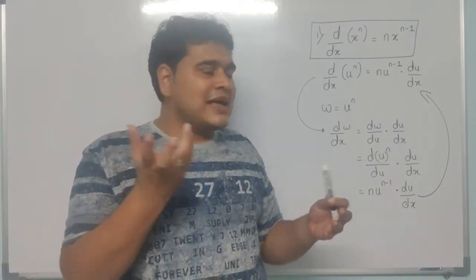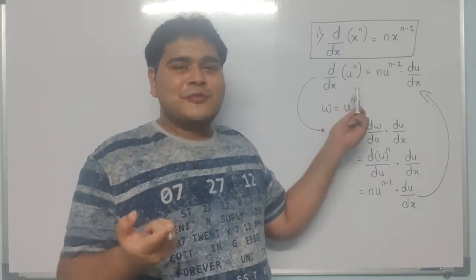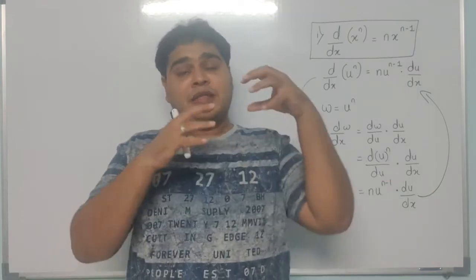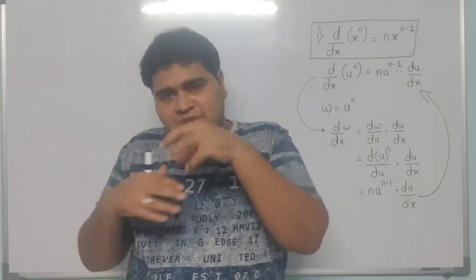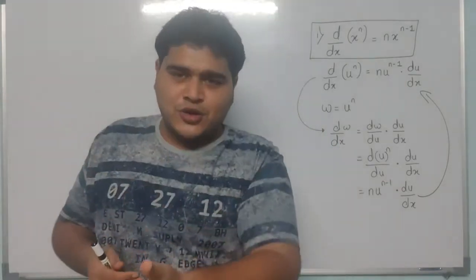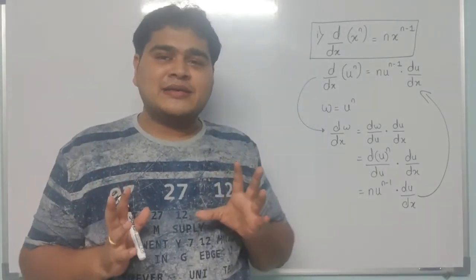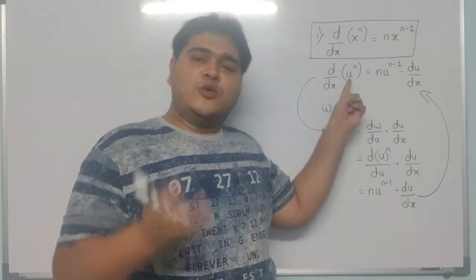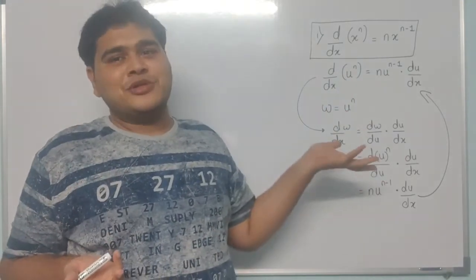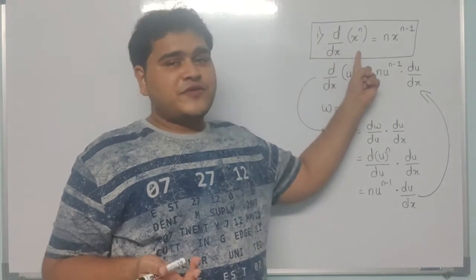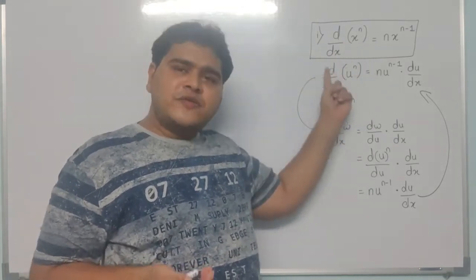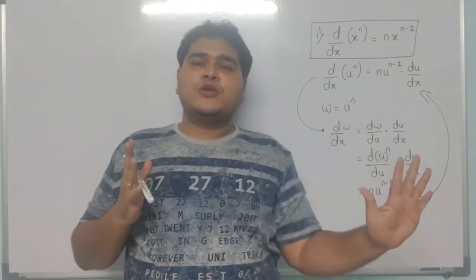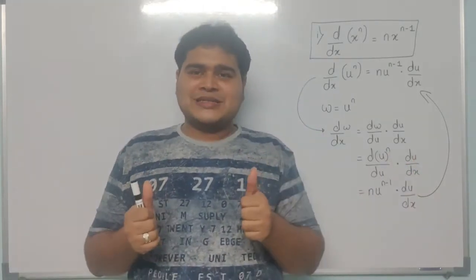Just in case you have the chain rule applied, means you have a function dependent on something u, and that u is dependent on x, and there is no direct dependency, which means if you have u over here, you don't have x, then you have to apply chain rule. That's simple. But if you have x over here and x over here, or y and y, z and z, u and u on both sides, you definitely don't need to apply chain rule. I hope that's clear.